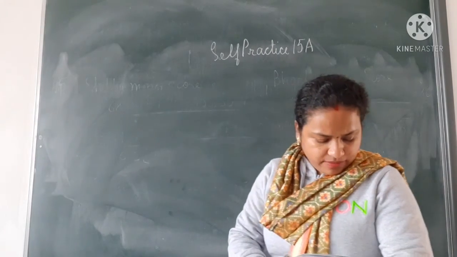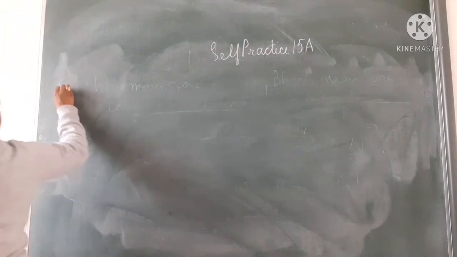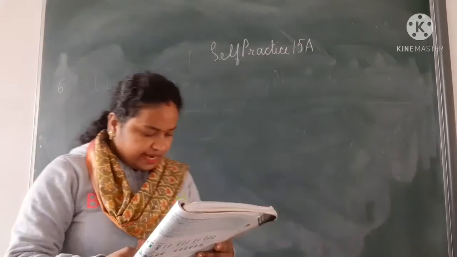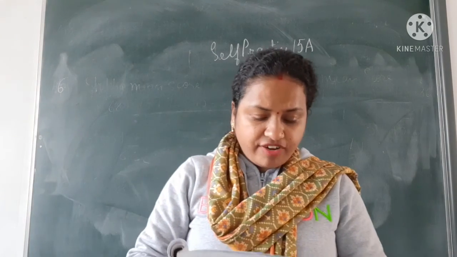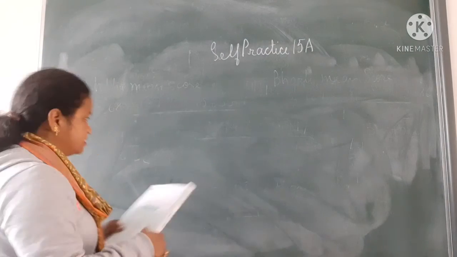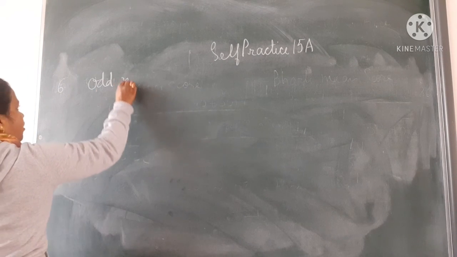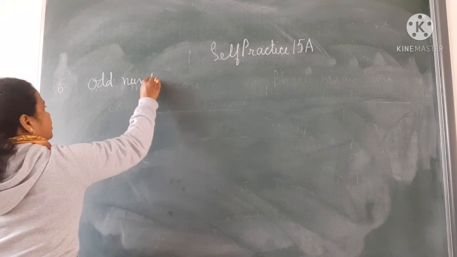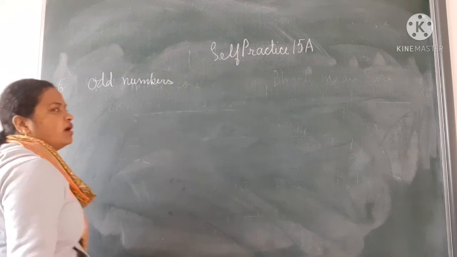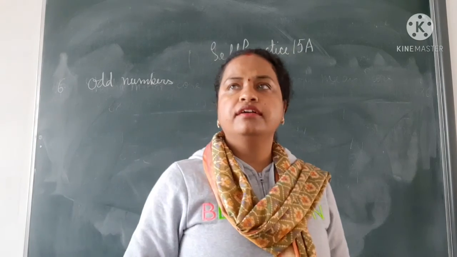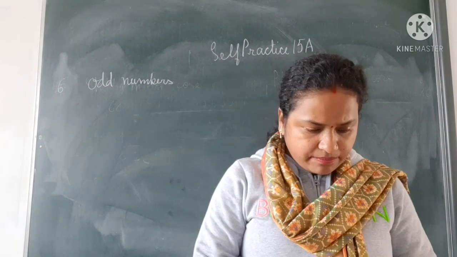Let's do question number 6. Find the mean of first 10 odd natural numbers. So what are odd numbers? You have 2 types of numbers, odd numbers and even numbers. So what are the odd numbers?